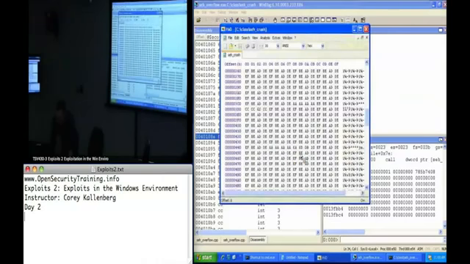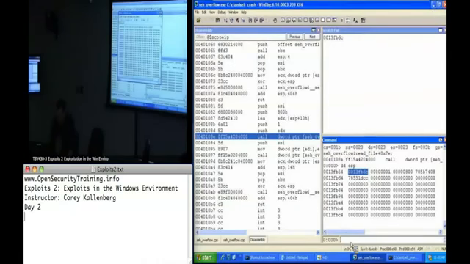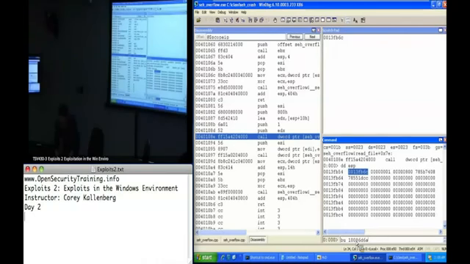So, where was that stack pivot again? 100866A. Is that right, guys? 1008 66A. 1008.